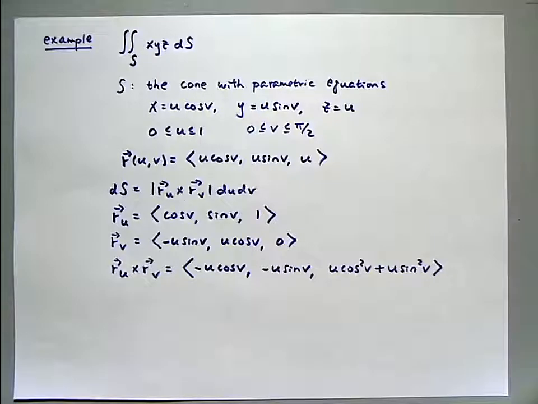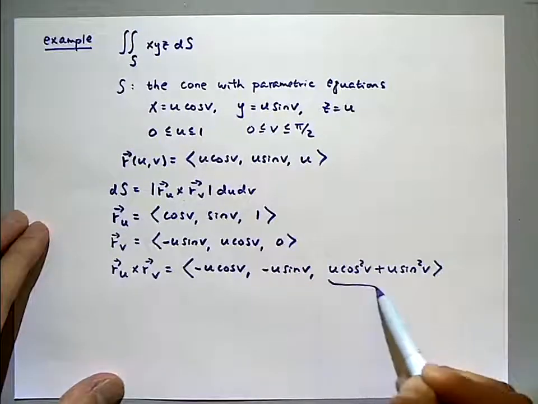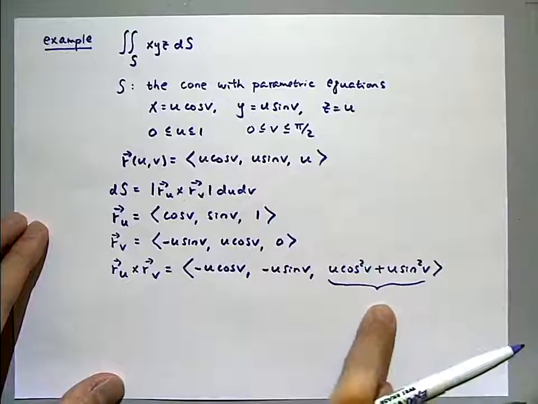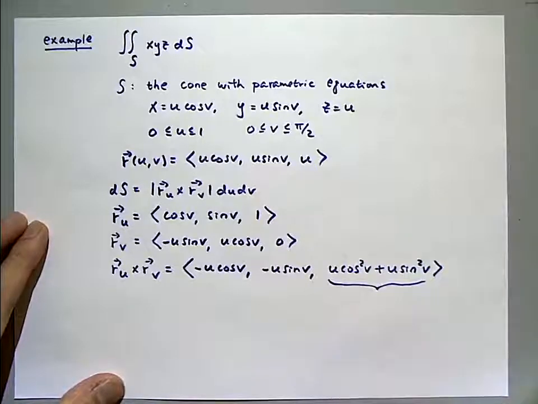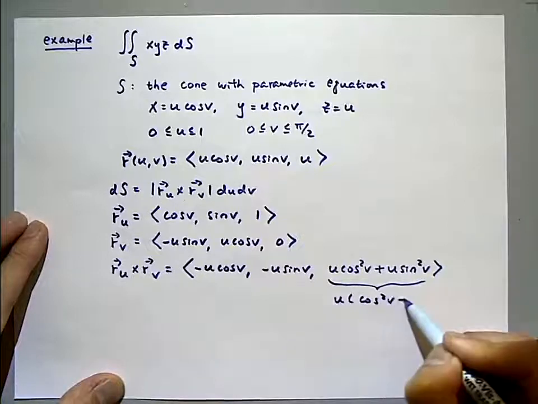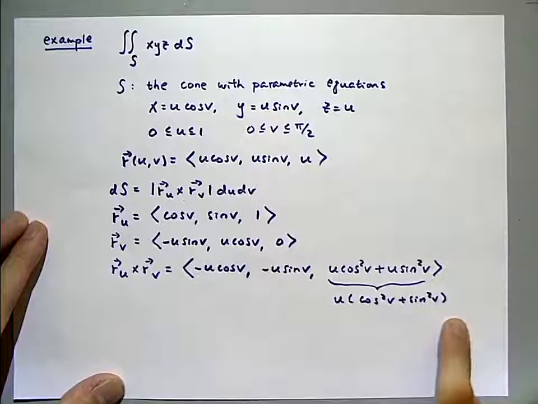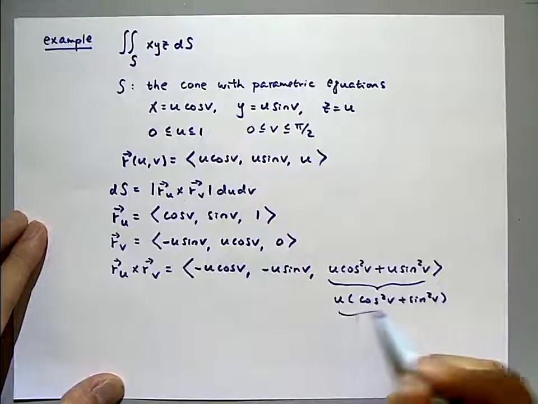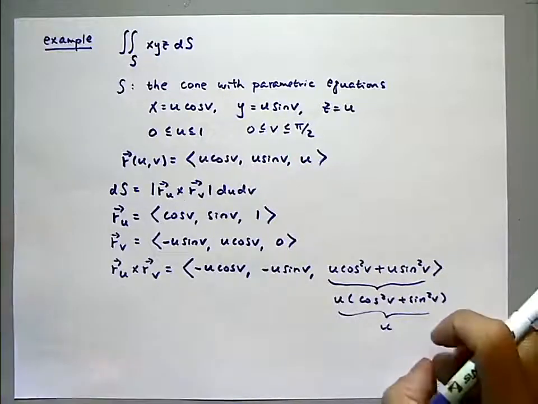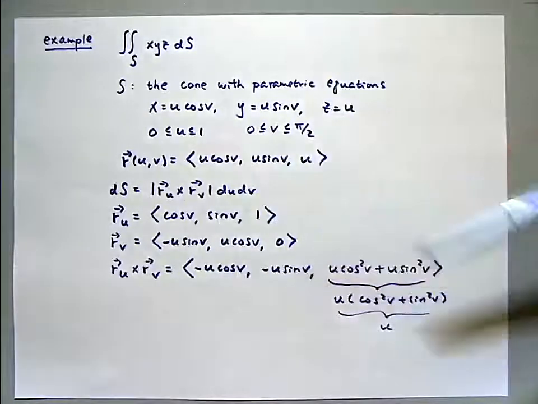Okay, so that's our R_u cross R_v. Notice this thing can be simplified to just u. Because if you factor u out, then you get u times cosine squared plus sine squared. So that's really just u, right? So R_u cross R_v is minus u cosine v, minus u sine v, u.